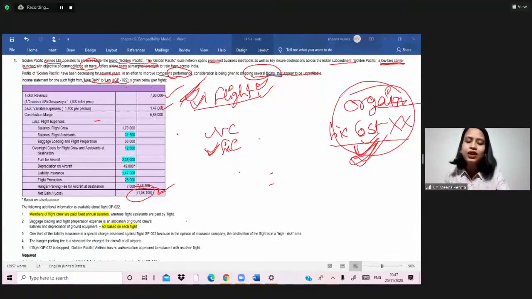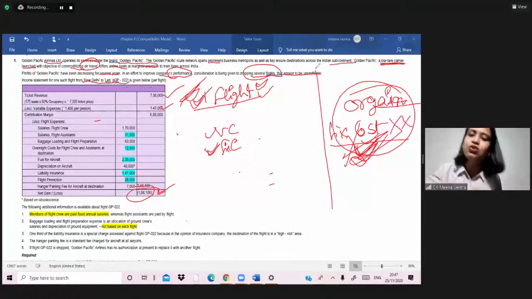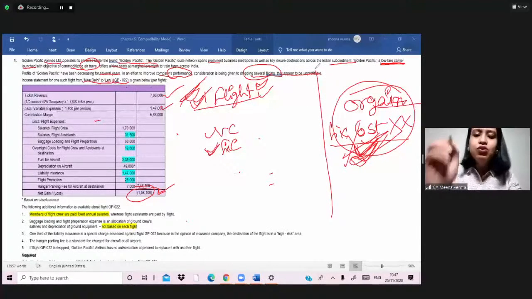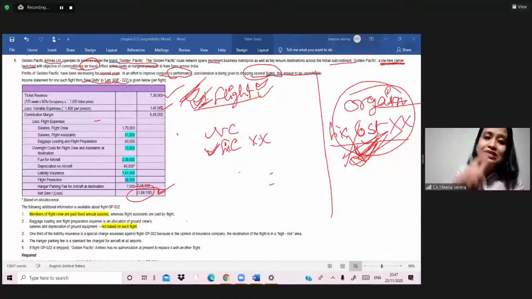So if you want to take the decision related to this one flight, you should not consider this fixed cost, because whether you drop this or not, it will remain the same. It means this fixed cost is not relevant for you. Which fixed cost will you consider? You will only consider those fixed costs which are related to this particular flight, because if you drop this flight, you can save that fixed cost only.